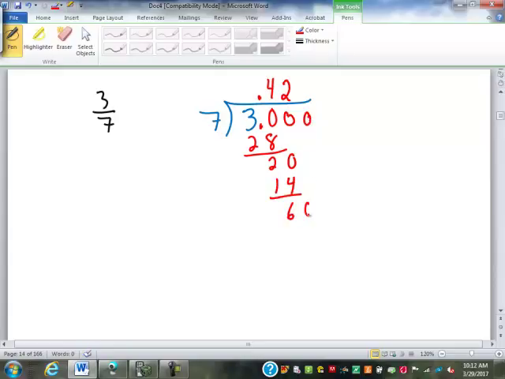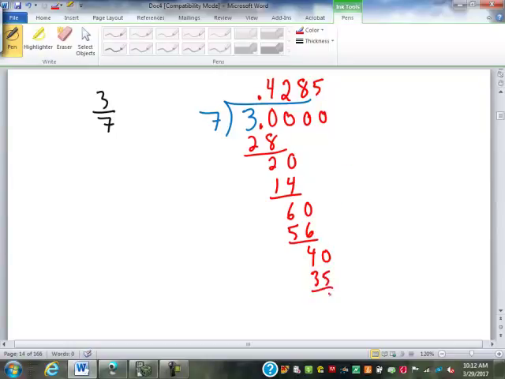Add a 0, bring it down. 7 goes into 60 8 times. 8 times 7 is 56. This is with 4. Add a 0 and bring it down. I didn't say to the nearest thousandth or nearest hundredth or anything here, did I? So let's keep going. 7 goes into 40 5 times.